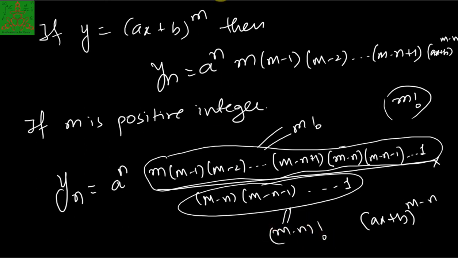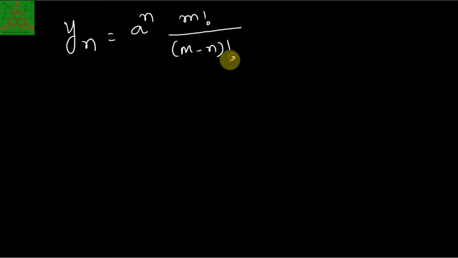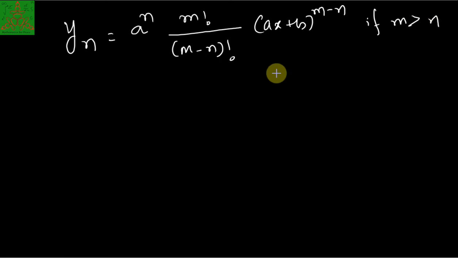So ultimately what we got from this is y_n is a^n m!/(m-n)! (ax+b)^(m-n) if m is bigger than n. If m is bigger than n and m is a positive integer, then this is the nth derivative.